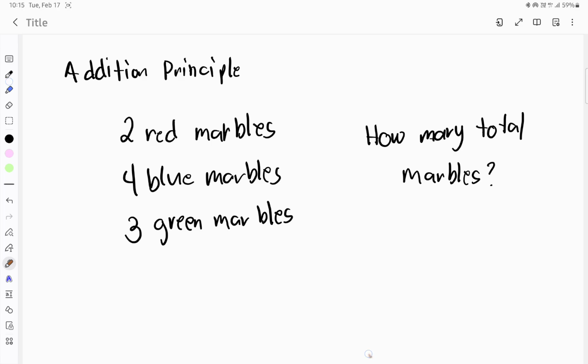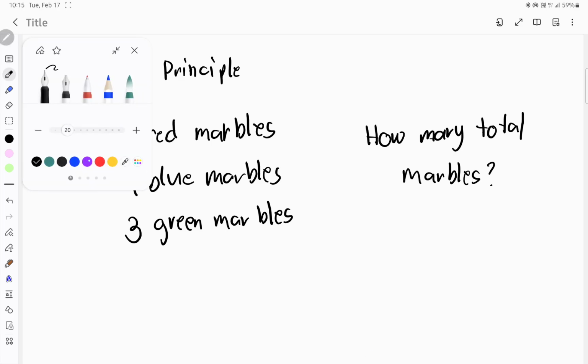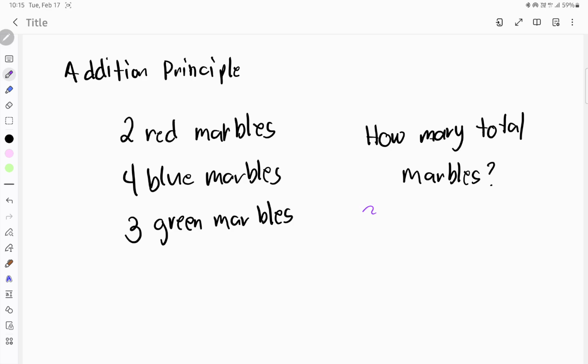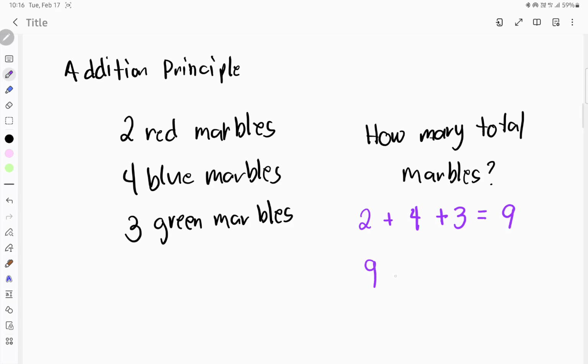What you're going to do is add all the marbles: 2 red marbles plus 4 blue marbles and then 3 green marbles. When you add it up, you have 9. So the answer is 9 marbles.